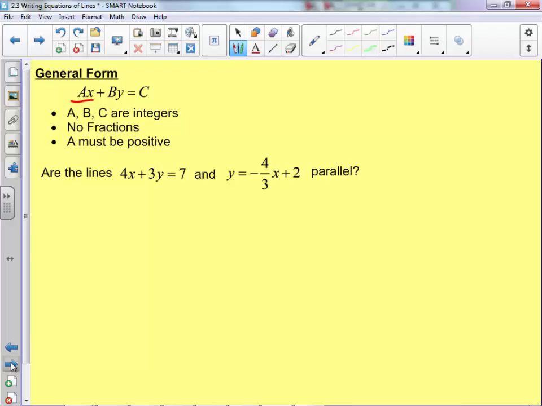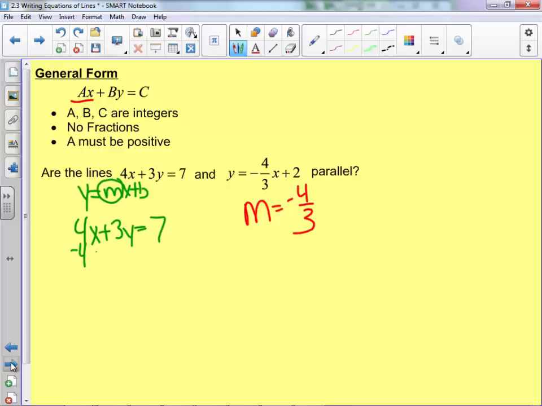So this second one's already easy. We know our slope is negative 4/3. Now we just have to figure out what the slope of the first one is. Easiest way to do this, get y by itself, because then we'll have it in y equals mx plus b, and our slope's right there. So we'll start by subtracting over our 4x.